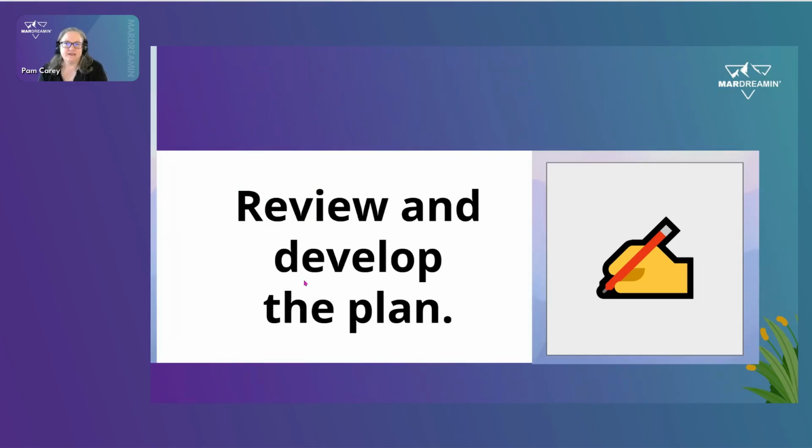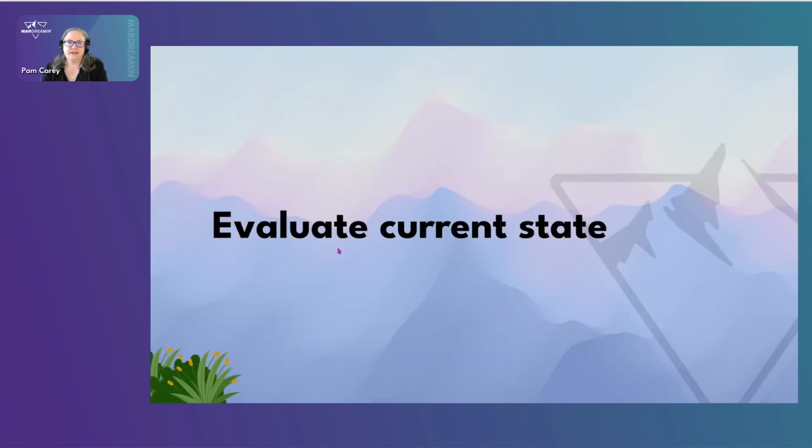In the first phase, you'll review and evaluate where things stand right now and use that information to develop a comprehensive plan. As you move through these steps, take the time to document the details along the way to help create the overall plan. Unfortunately, there isn't a one-size-fits-all format.